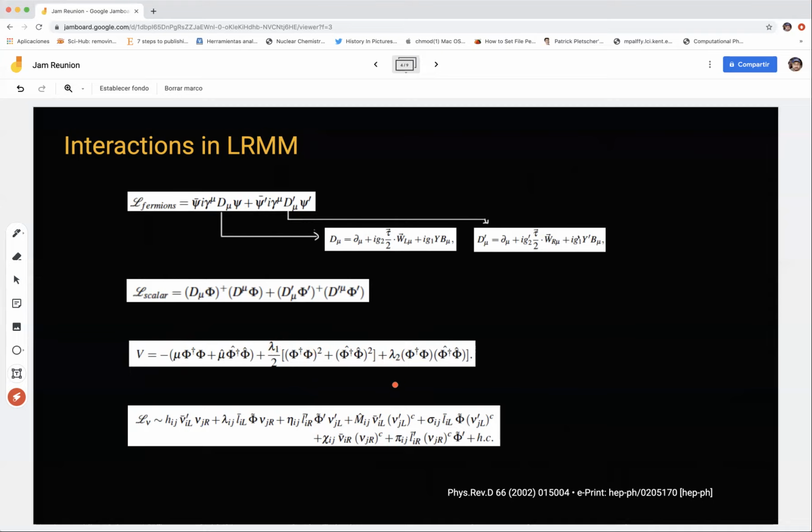At the end, we show the interaction that will give rise to the masses and mixings for the neutrinos, which we will discuss in the next slides.